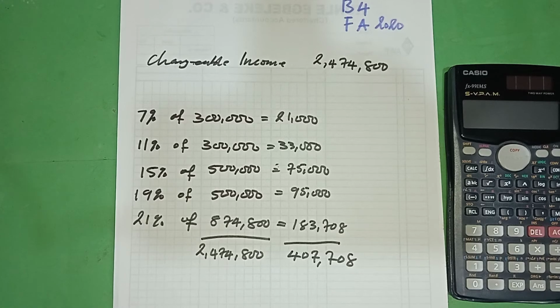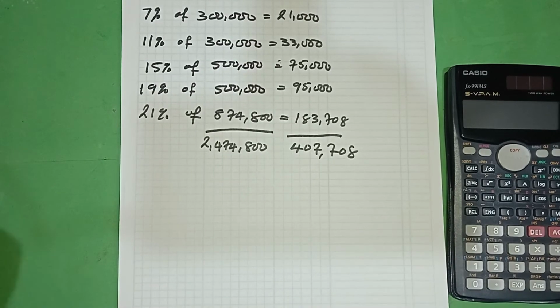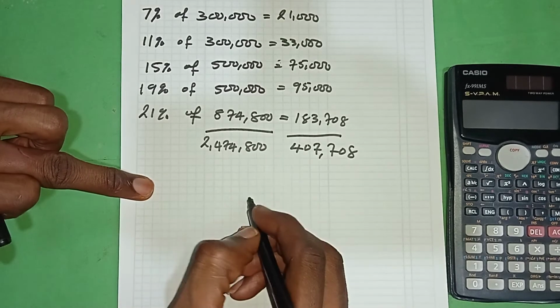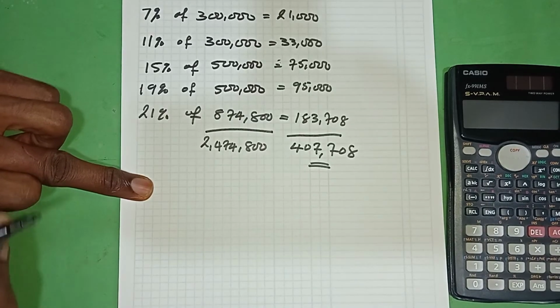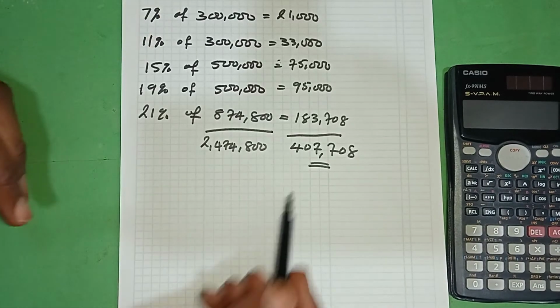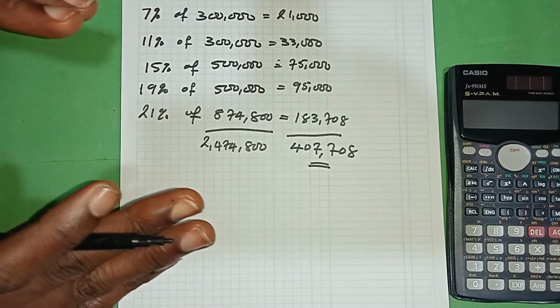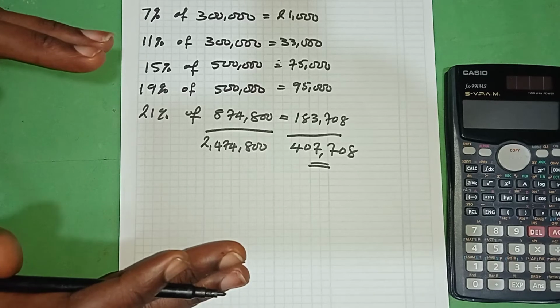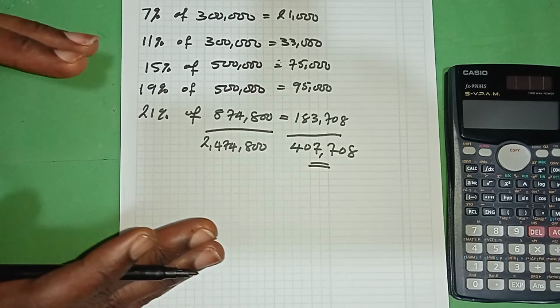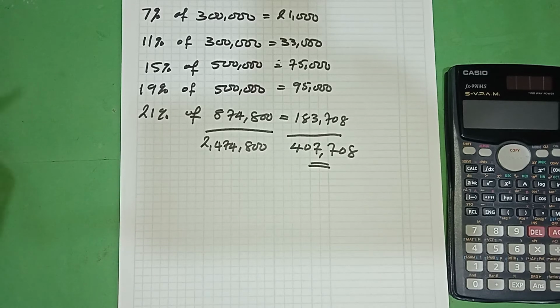Now, for you to know how much you are going to pay each month, you say, see, this is the tax due. This is the amount you are supposed to pay to the IRS as your PAYE, pay as you earn.